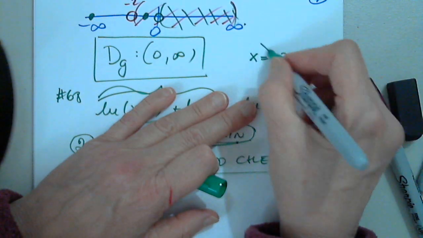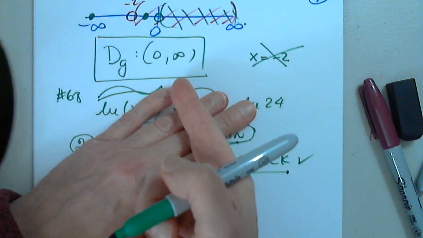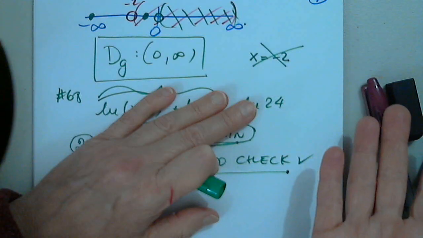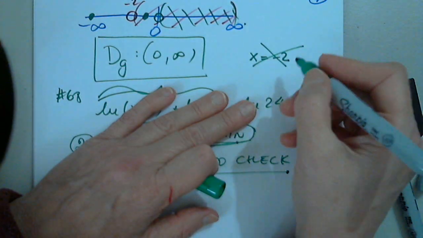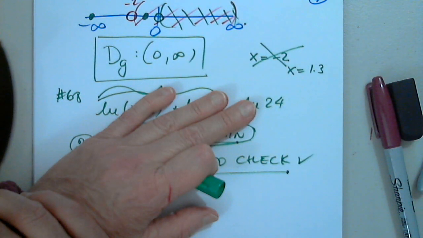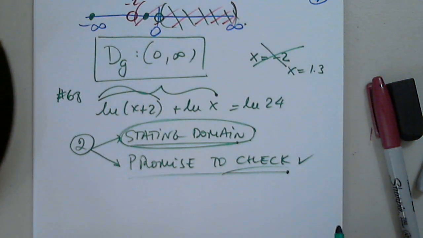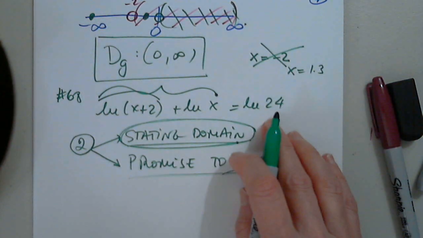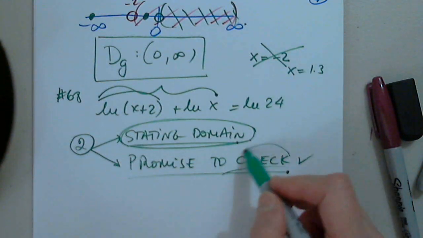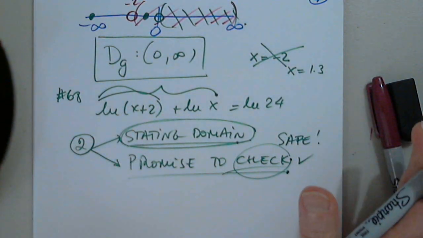You wouldn't accept it, because it's not in the domain. Of course I will not. And I will say the equation has no solutions. But what if I get x equals 1.3? Will I accept it? Yes. And I'll say I'm done. I don't have to check. I trust my work. You can say, okay, I trust my work, but I still want to check. That is safe, and I recommend it.